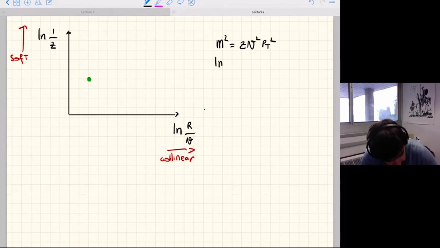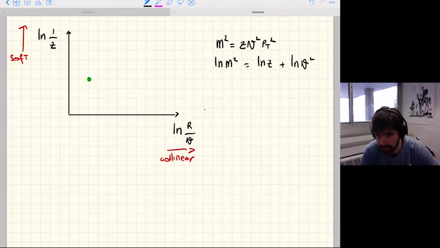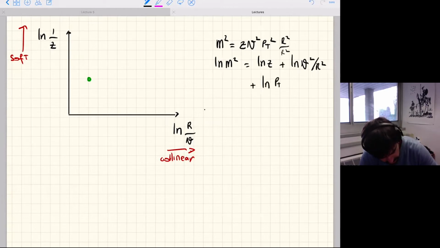So the log of the jet mass squared is log of z plus log of theta squared, and let me write this as r squared, plus log of pt squared r squared.